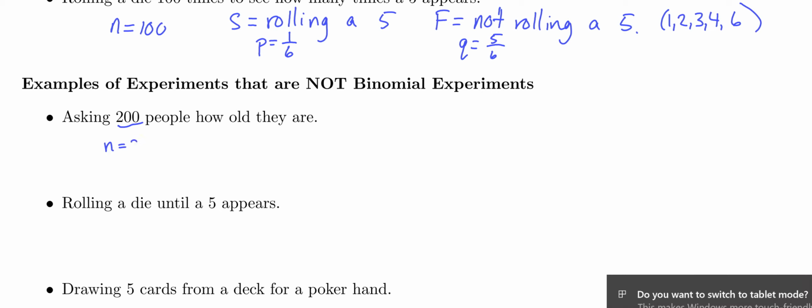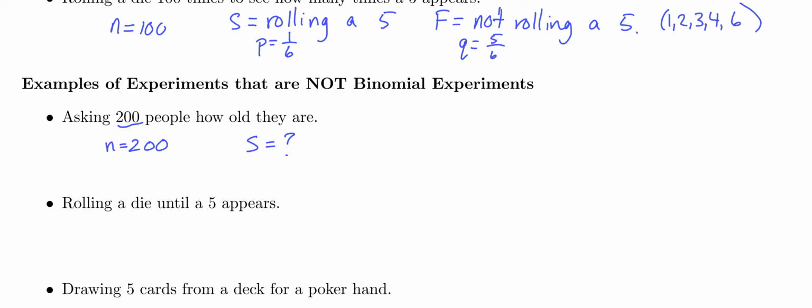So while n is 200, we don't have anything we can call success because the outcomes of this will be things like people's ages rather than being able to determine if something's less than 25 or not.